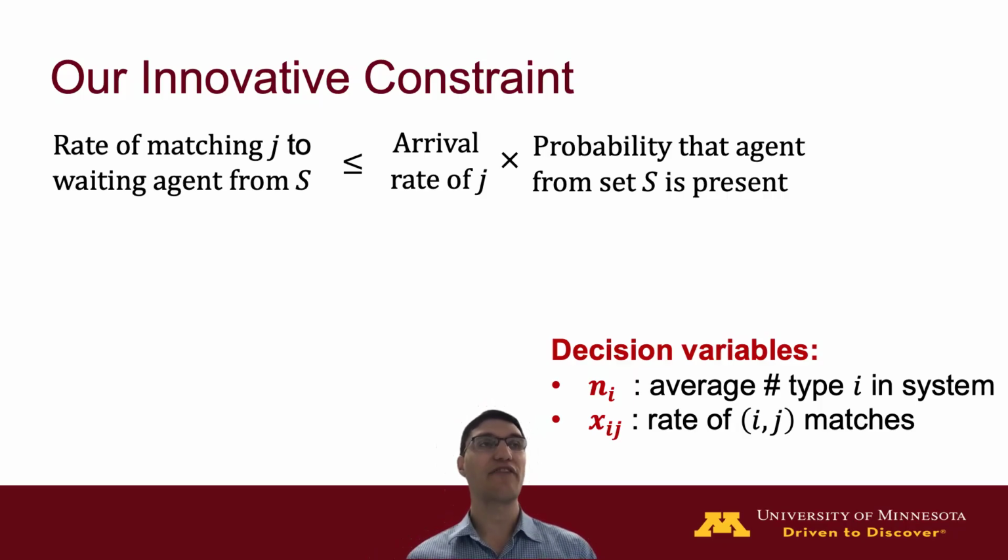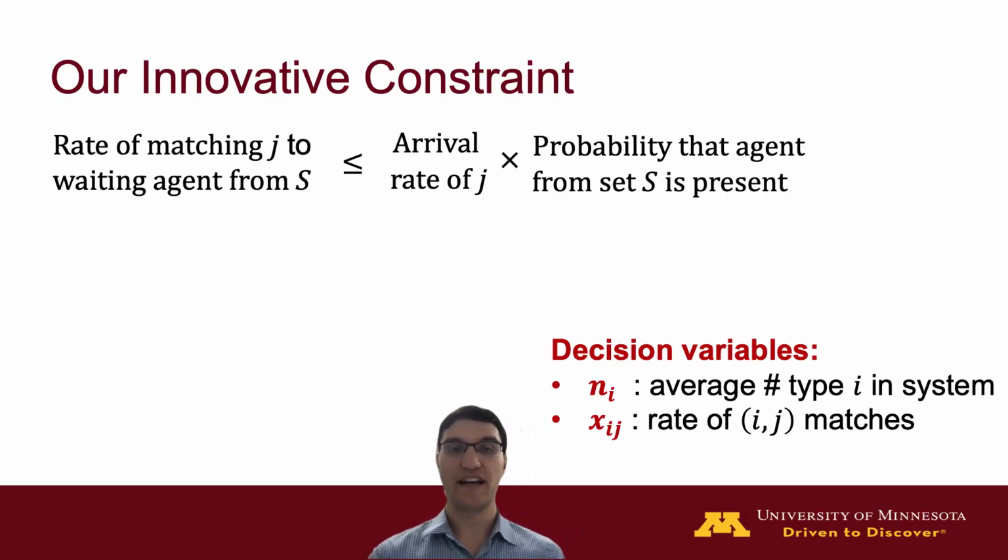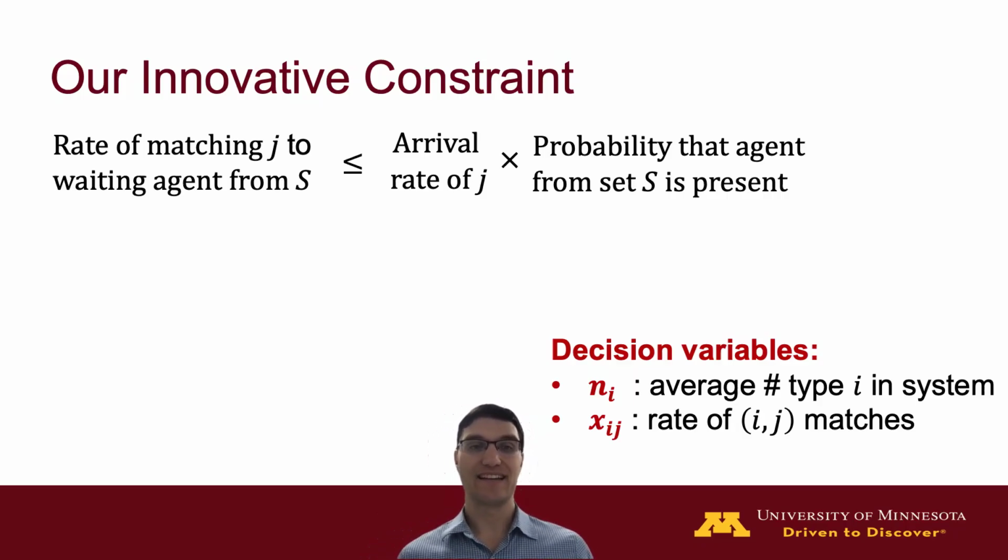But in particular, not every type J agent that arrives is going to actually find someone from the set S that it can match to, right? So I need to multiply this arrival rate of J by the probability that an agent from set S is actually present. Okay, so that's the idea: I can't match J to S any faster than J's arrive. And in particular, even some of those J's won't be able to match. So I need to multiply by the probability that set S is present.